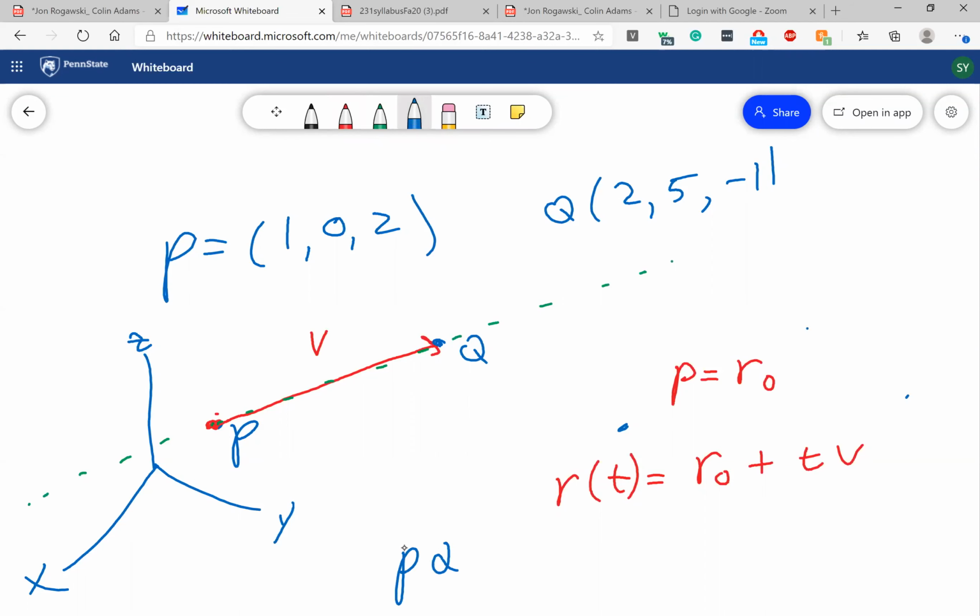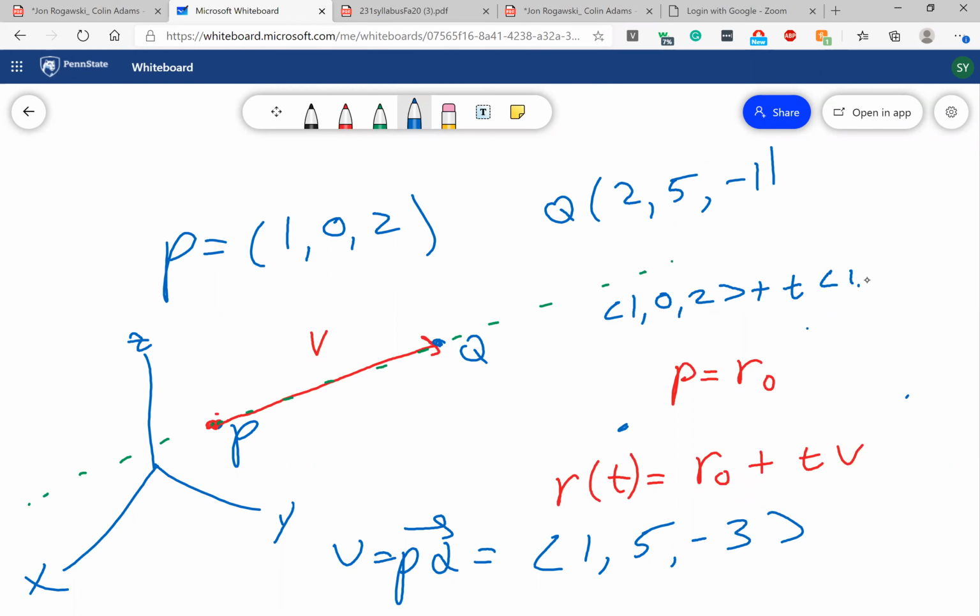The vector from P to Q is going to be equal to, like we said, 2 minus 1, so that's 1, and 5 minus 0, and negative 1 minus 2, so that's negative 3. So this is going to be my vector V. And so now the equation for my line is going to be my P, so that is 1, 0, 2, plus t of my V. This is my V, so that's 1, 5, and negative 3.